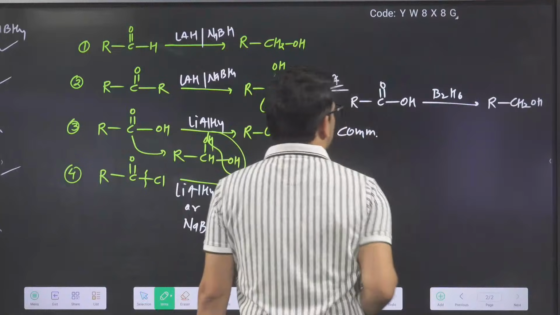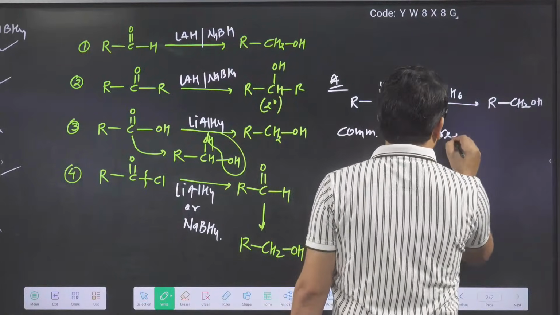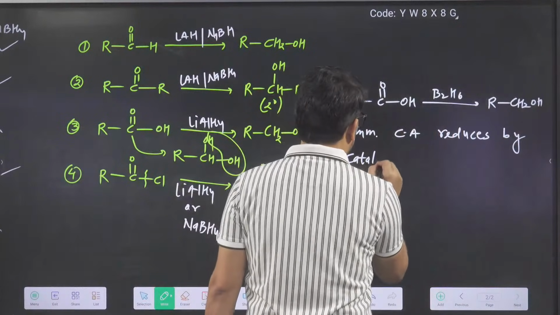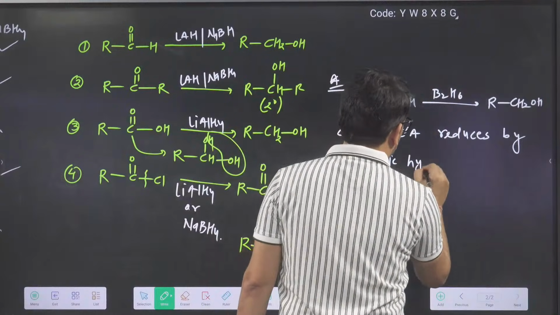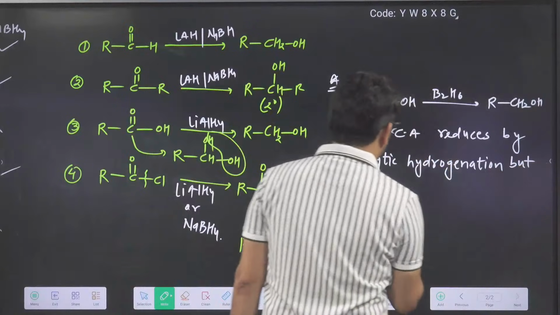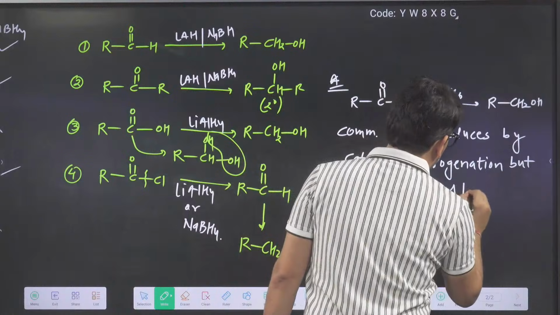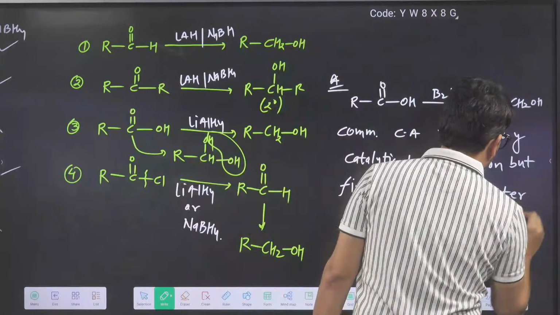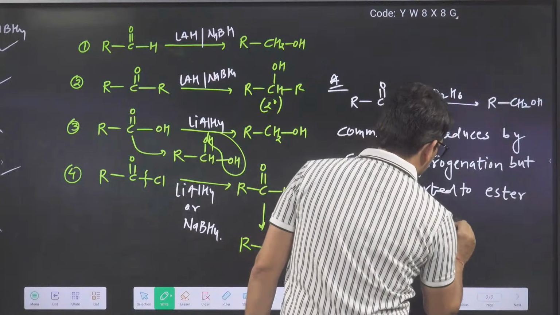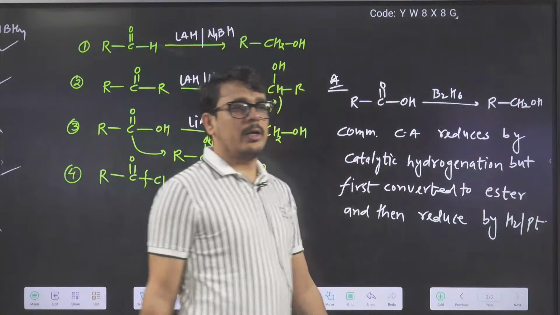Commercially, carboxylic acid is reduced by catalytic hydrogenation, but it is first converted to ester, and then reduced by catalytic hydrogenation, that is, H2 and Pt.